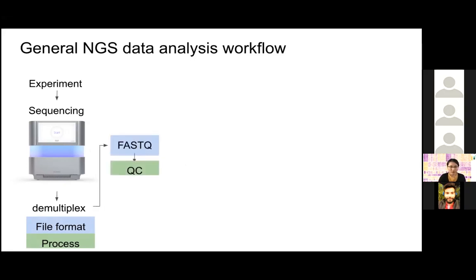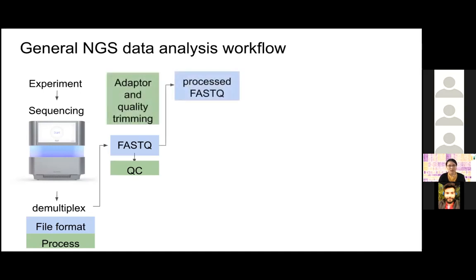From there, the first step we want to do is some kind of quality control to make sure that our sequencing experiment worked as expected, that we've got high quality sequencing from the sequencer. In addition, this QC might reveal certain problems that we might want to clean up in the data.